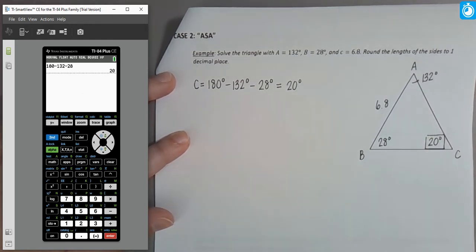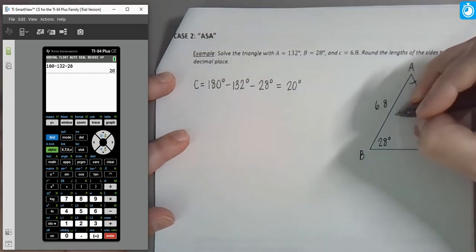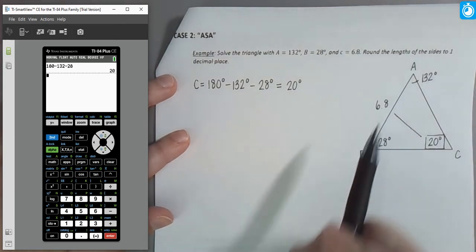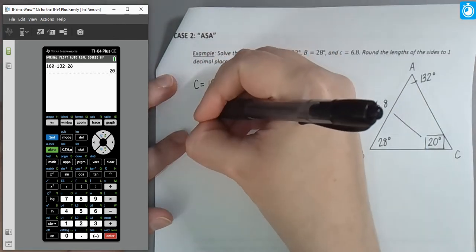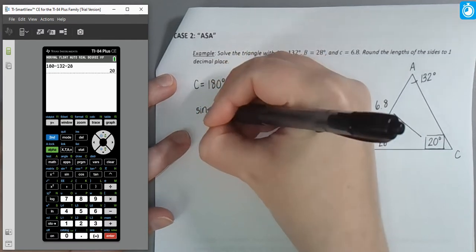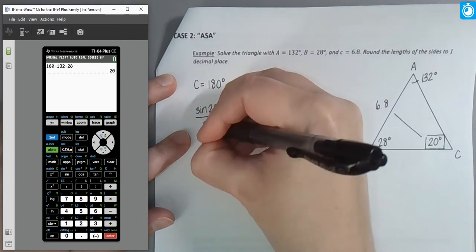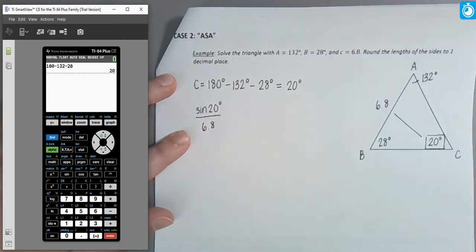So we solved for that directly, no trigonometry was involved. And notice now we have the side angle pair. So as soon as we have that pair, we can set up all those relationships involving the law of sines. So angle C related to side C, specifically the sine of angle C, so the sine of 20 degrees divided by 6.8. Whatever the value is for that ratio, that's going to be constant for every pair in the triangle.